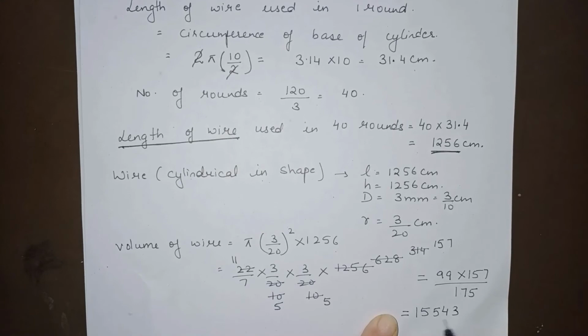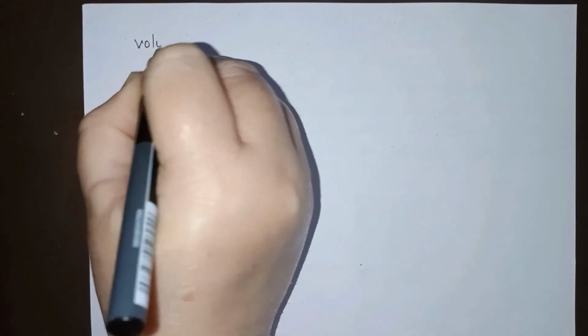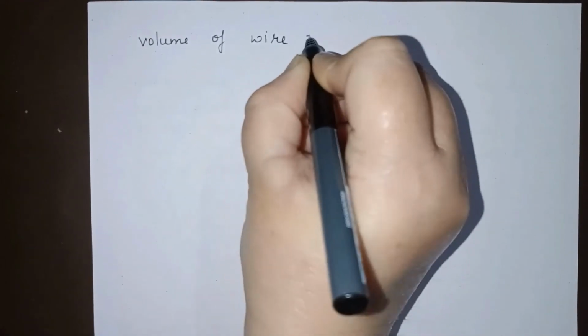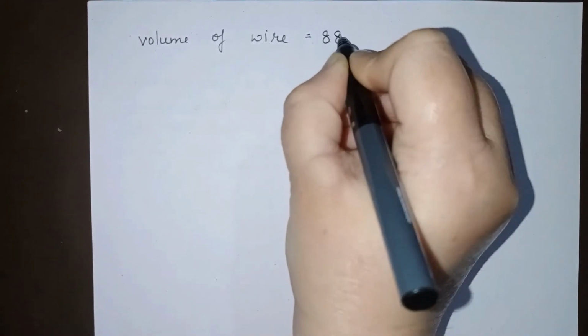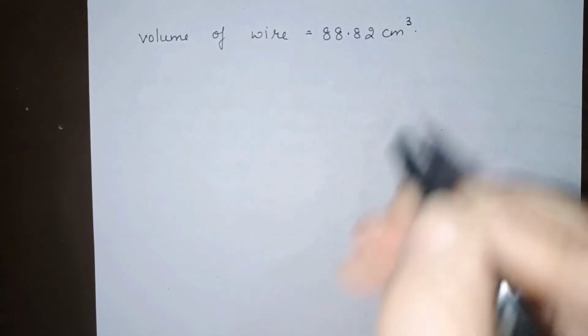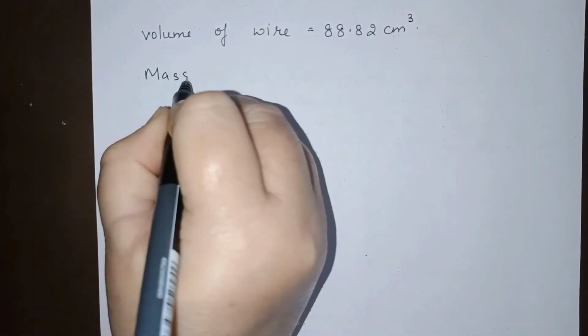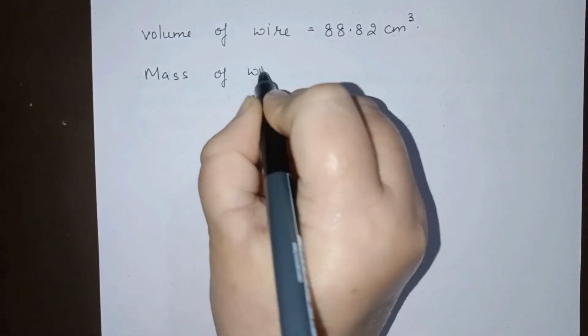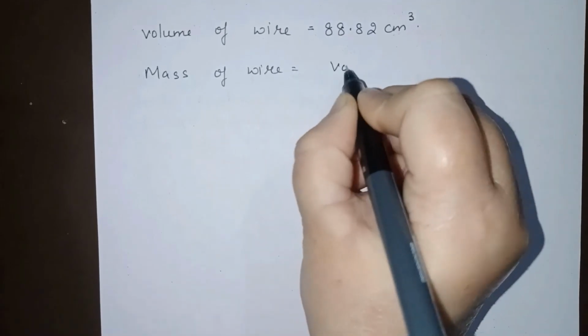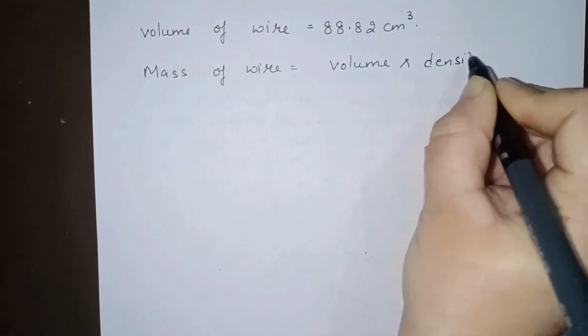and this will be equal to 15543 over 175. Finally, the volume of wire equals to 88.82 centimeter cube. Now mass of the wire is equal to volume multiplied by density.